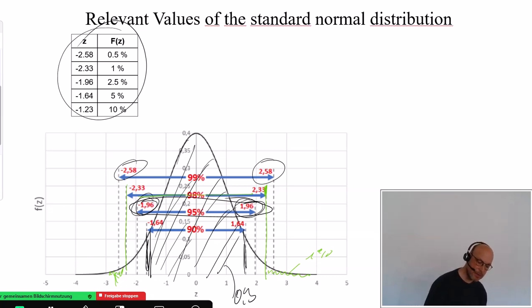And of course, if you want to talk about an error probability symmetrically, adding up to 99%, then the two tails have to have probability mass only of 0.5%, and this number is also a prominent one with 2.58.